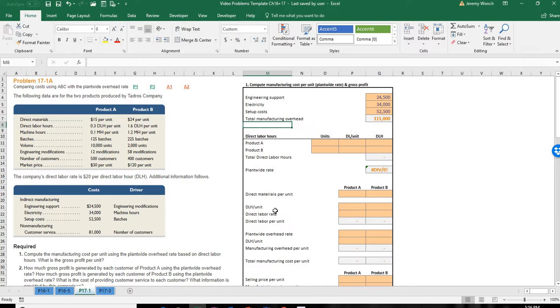So we need to figure out how many direct labor hours we have. It doesn't give us that number, so we need to calculate it.